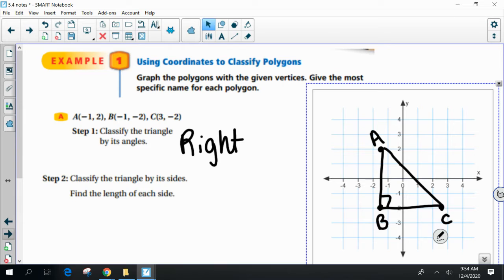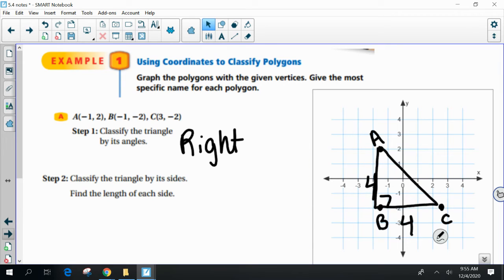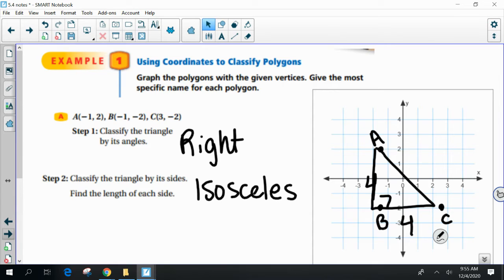How many units? 4. And this BC is 4. My graph moved a little bit. Here we go. 4 and 4. So if we have 2 sides that are both 4, what kind of triangle would this be? Isosceles. So this is a right isosceles triangle.